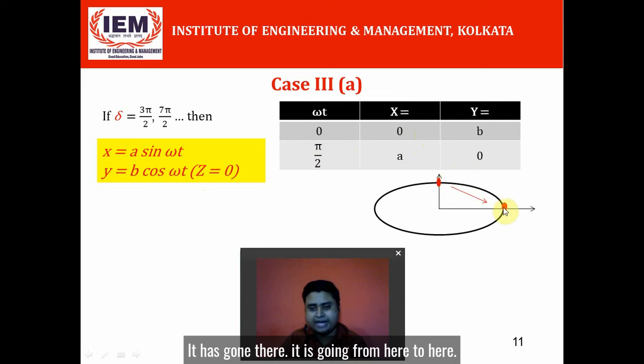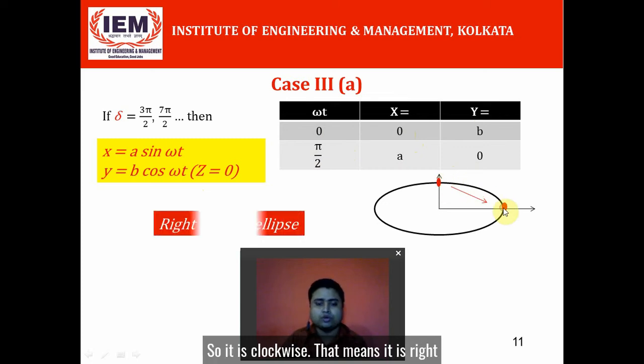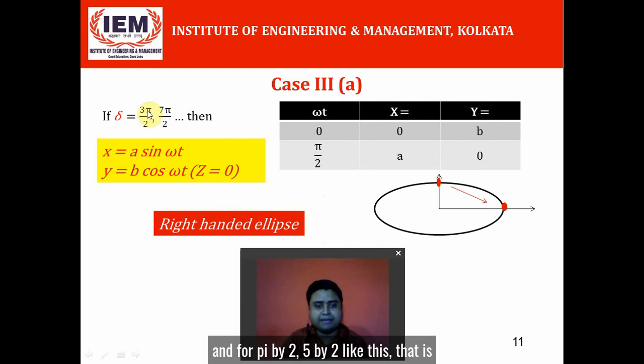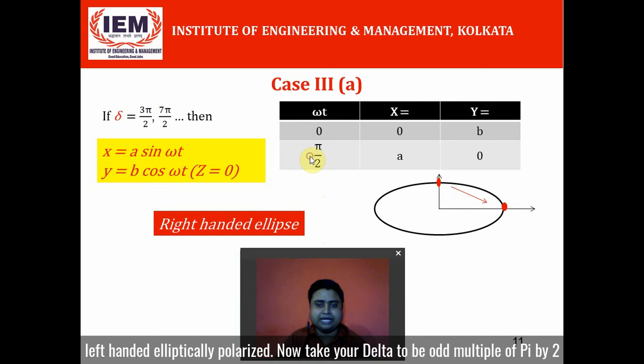It is going from here to here. So it is clockwise. That means it is a right-handed ellipse. So for these delta values, it is right-handed elliptically polarized, and for pi by 2, 5 pi by 2, like this, that is left-handed elliptically polarized light.